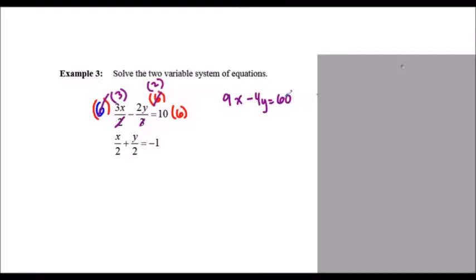Okay. So now I'm going to jump ahead here and try to make my life easier. I need a way to make half into a 9 or half into a 4. And I think it's going to be a lot easier with the 4, right? I mean, 9 would be a little bigger. So I'm going to multiply all the terms by an 8 so that I not only divide out the 2, but I get a 4y as a result.